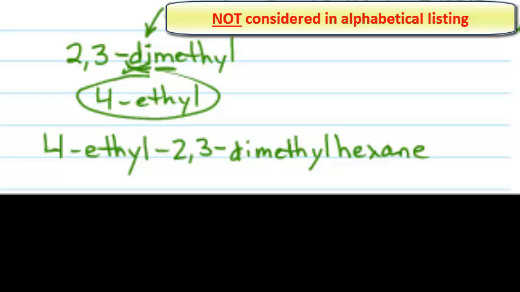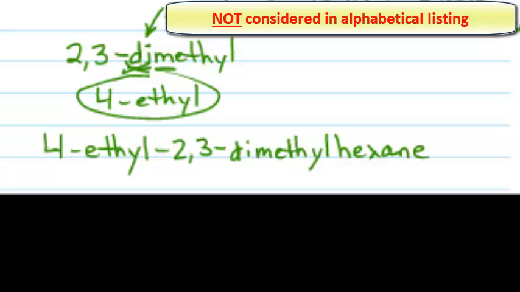Now, for those that are wondering, why is the numbering going 4 and then 2, 3? Shouldn't we go in order, starting off with the lowest number and going to the highest number? No. That numbering system is just letting us know on what carbon the substituents lie, but the preference on how to order them in the name is based on the name of the substituents.